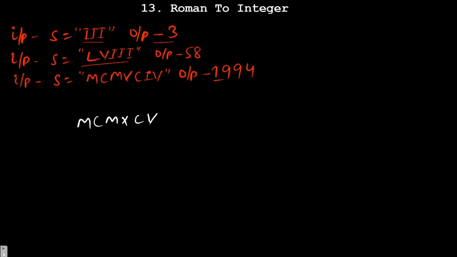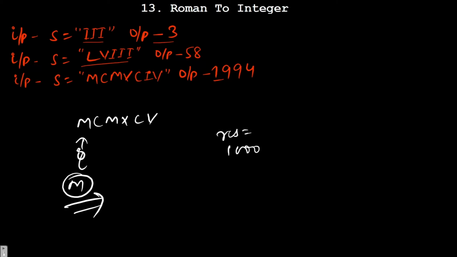We are iterating from index 0, so we are at index 0, and we find that the character is M. Then we have to check the integer value of this M. We can find this using a function that we have to create, and we will find that the value of M is equal to 1000. Now our current value of result is 1000, and again we will iterate.